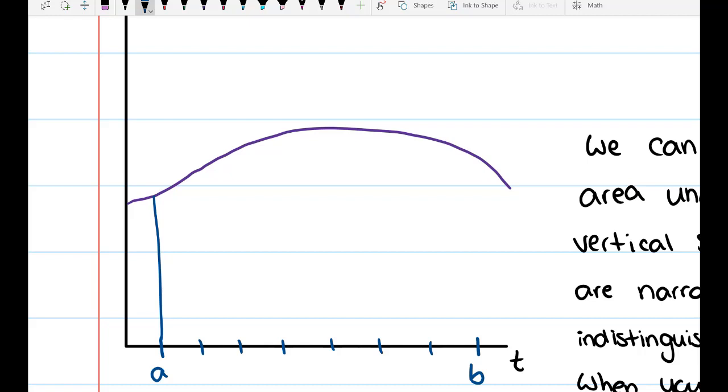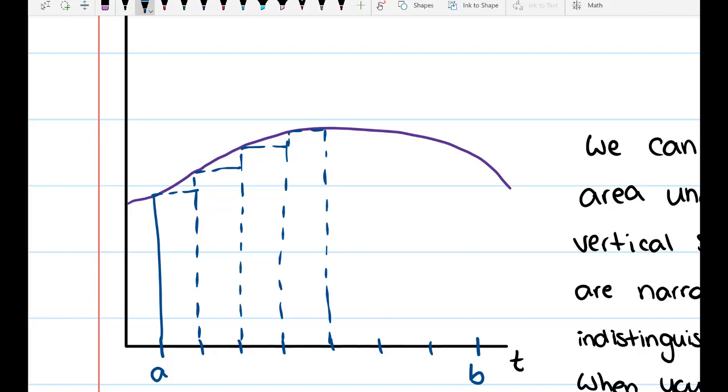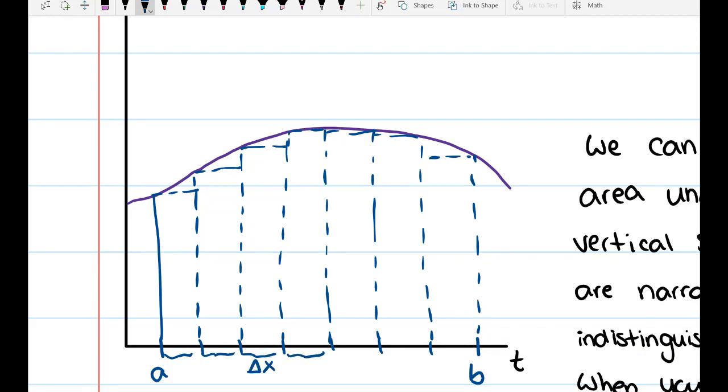What this is going to allow me to do is to make rectangles that are smaller, like this, which will represent the area underneath the curve more accurately. And when I divide up these sections, I'm going to divide them up evenly so that all of these are the same, and we're going to call them delta x.